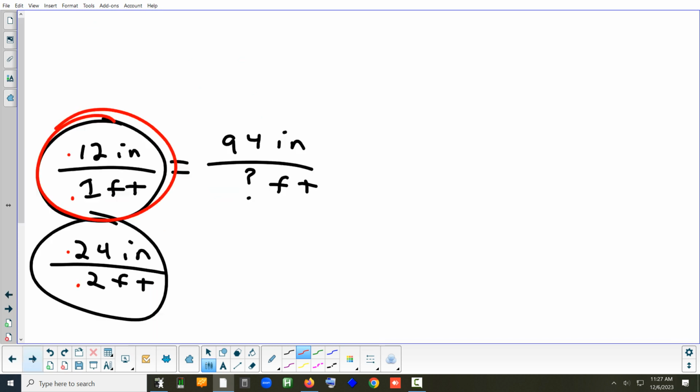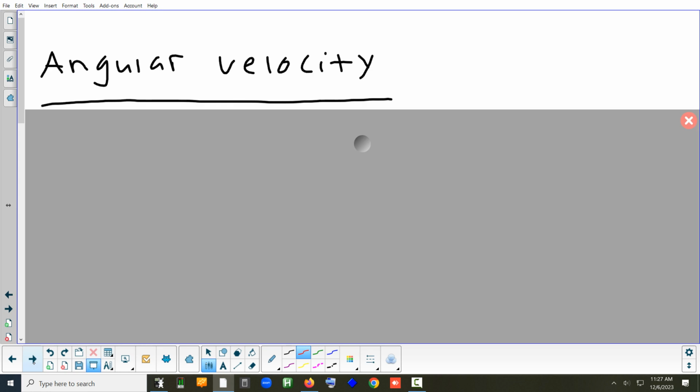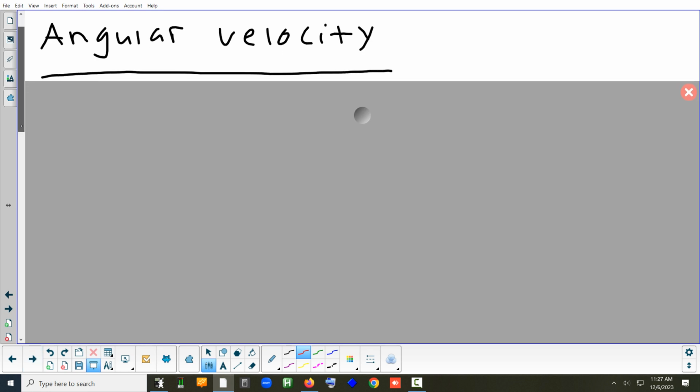Okay. So then, next thing we're going to look at is what's called angular velocity. So angular velocity basically measures the speed of something that's spinning.